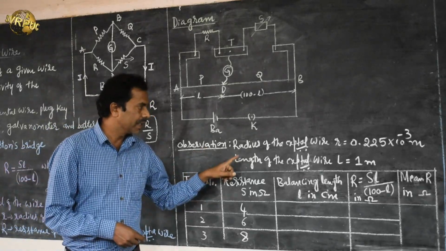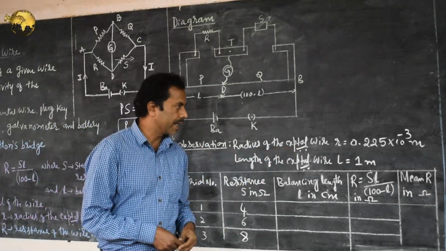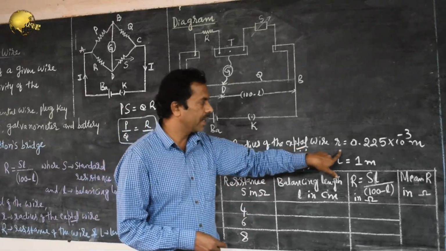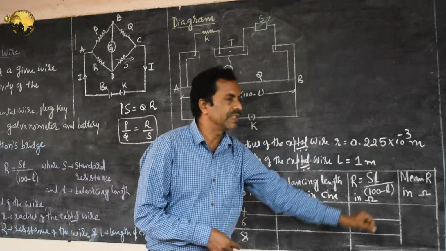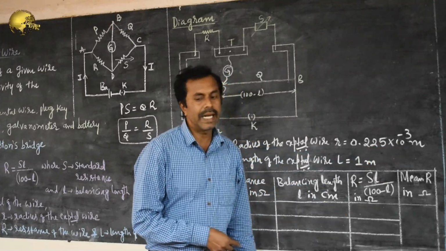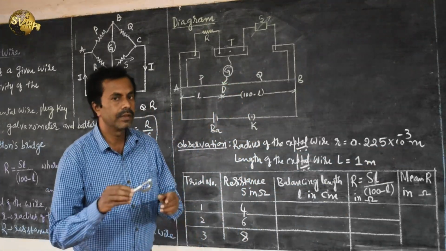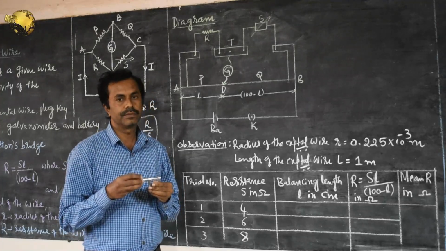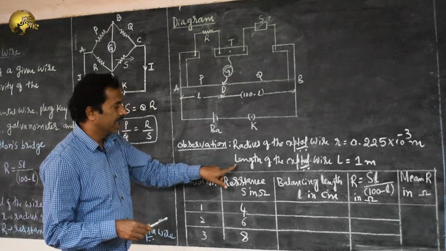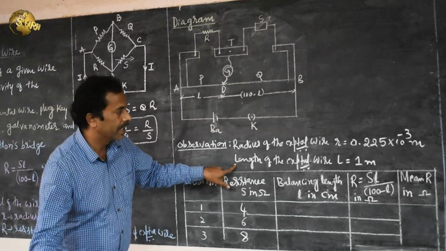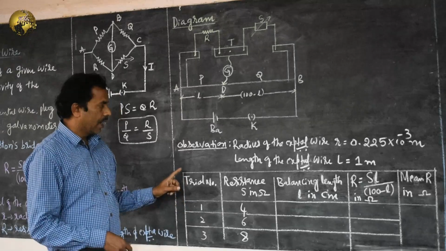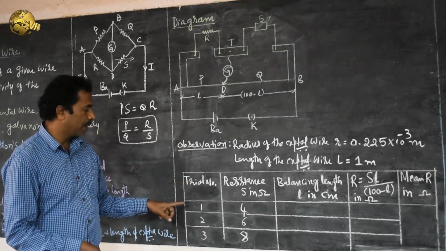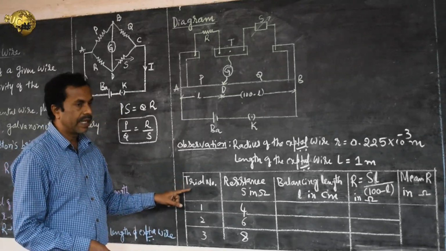In the observation part, the radius of the experimental wire, small r, is equal to 0.225 into 10 to the power minus 3 meter. It is calculated by using screw gauge. And the length of the experimental wire is equal to 1 meter. And hence the tabular column consists of trial number.